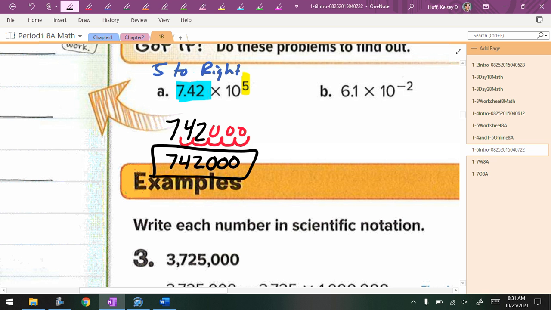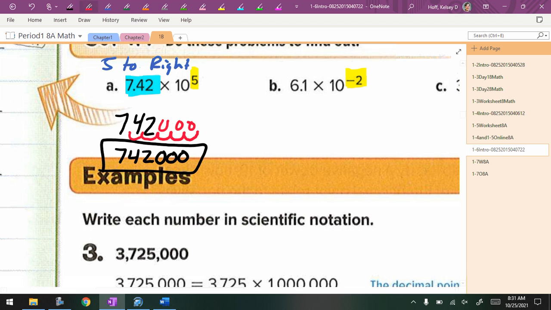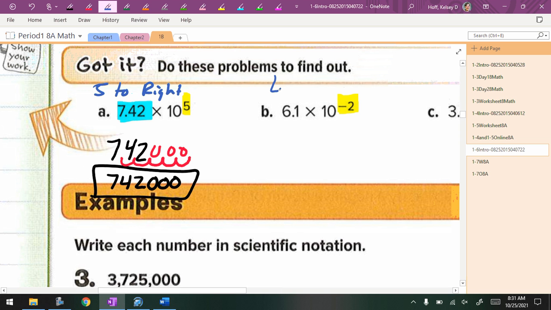Okay, let's look at B. Look at your exponent. It's a negative. So we're going to the left, how many? 2. Left 2. So what number should I write down? 6.1. Where's the decimal currently?